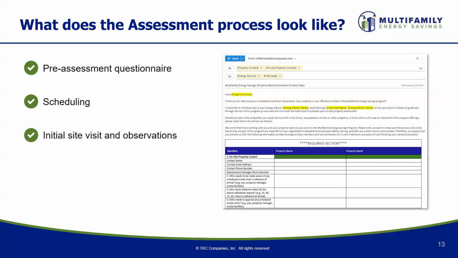So it really helps if you're the project contact, but not necessarily the property contact, to make sure that information is being shared with the property contact, or if you're doing the scheduling on their behalf, to make sure that communication is open. And your field lead will be introduced.